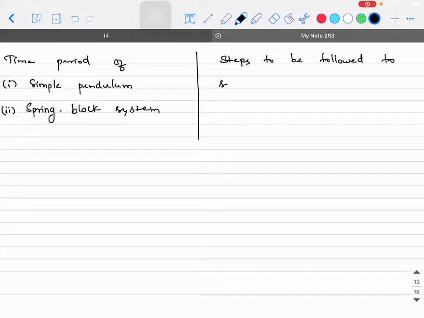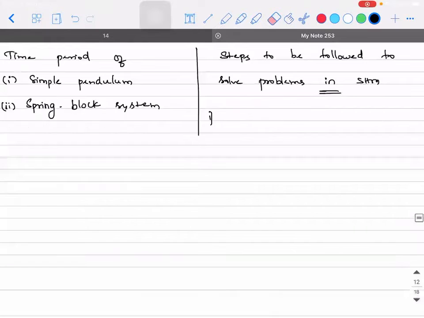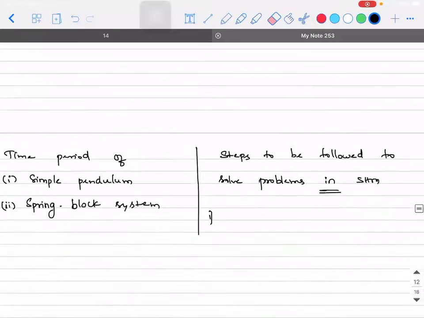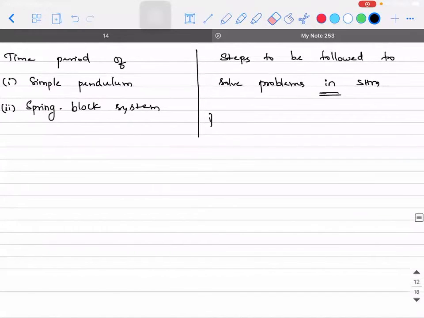Steps to be followed to solve problems in SHM. First is, draw a free body diagram.